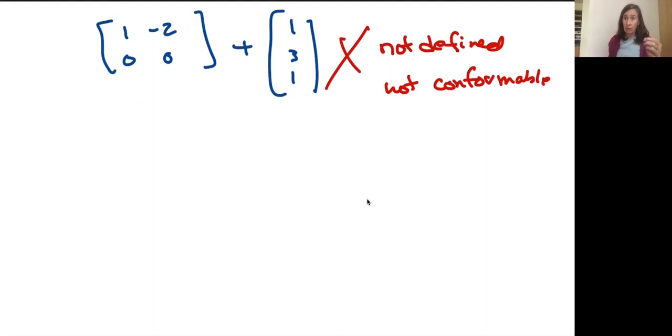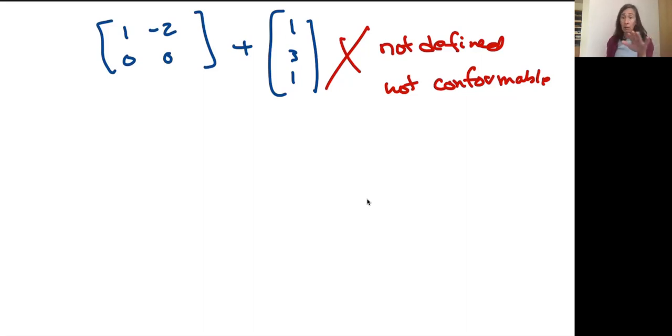And this is something we're going to see is a concern going forward with matrix algebra, that we can't always perform operations on any two matrices. We have to think about their shapes and whether they're conformable. We didn't have to worry about that when we talked about transpose or scalar multiplication.